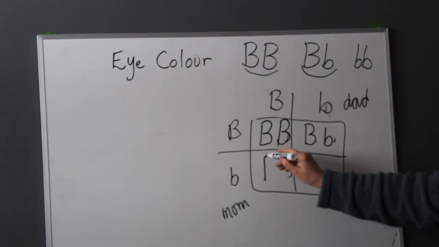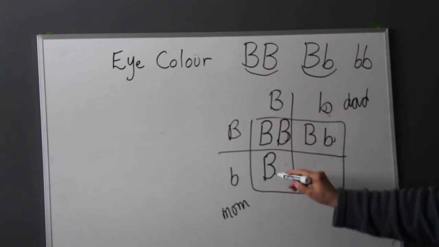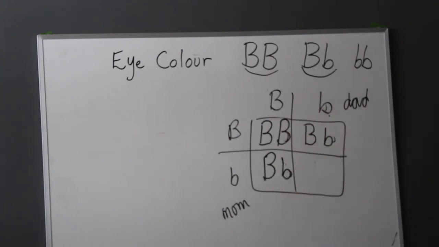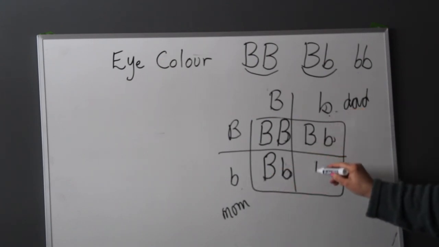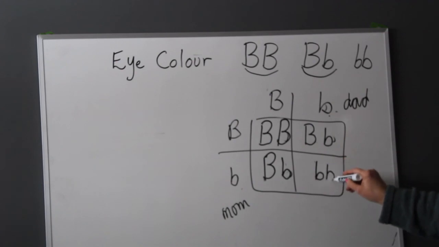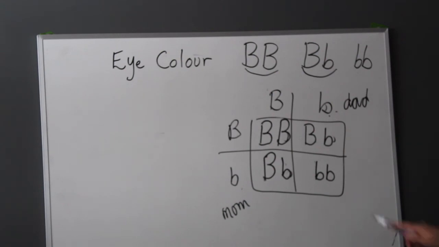Now this person, getting a B from Dad and a little b from Mom, heterozygous. But look what happens to this offspring. They're getting a little b from Dad and a little b from Mom. So their phenotype is going to be blue-eyed. So it explains why two parents with brown eyes can end up having a blue-eyed child.